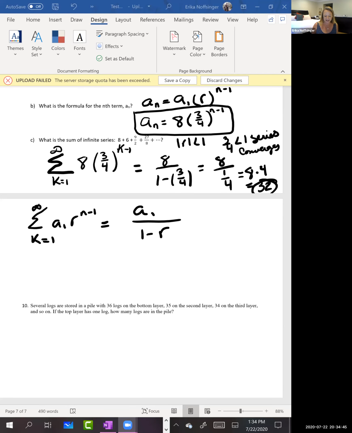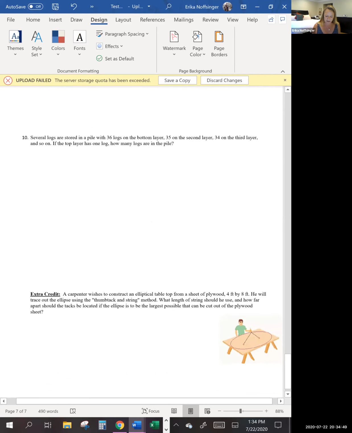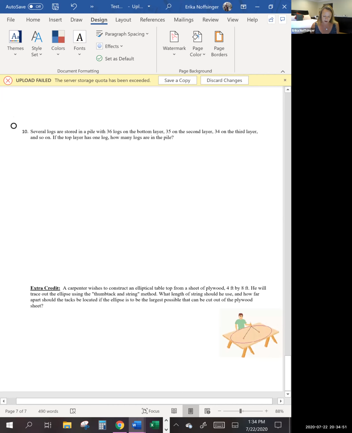Okay, so our next example is an application. We have several logs stored in a pile with 36 logs on the bottom layer, 35 on the second layer, 34 on the third layer, and so on. If the top layer has 1 log, how many logs are there in the pile?